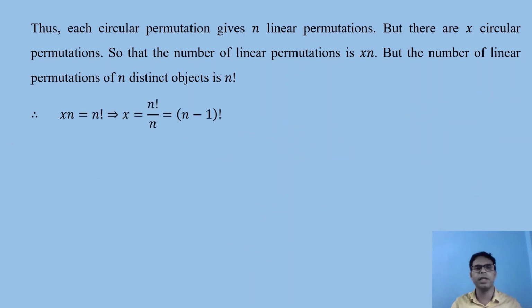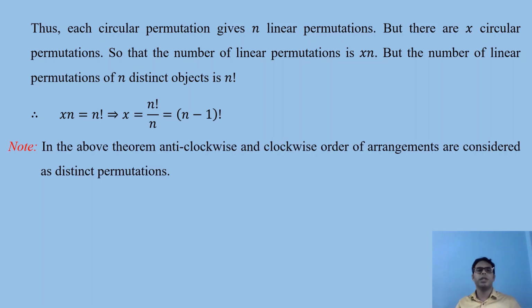So that is written here. You see, in the above theorem, I already told you, anti-clockwise and clockwise orders are considered distinct. That means the anti-clockwise permutation is different from the clockwise permutation.